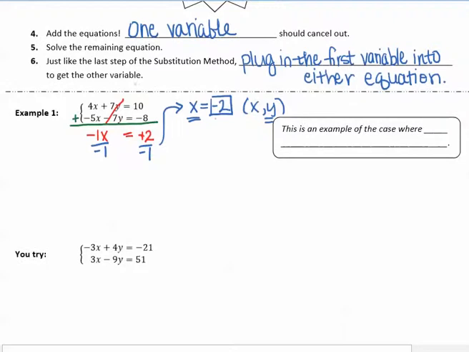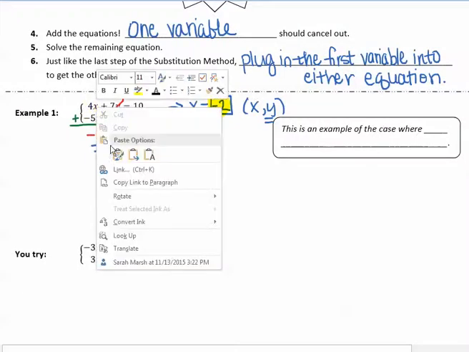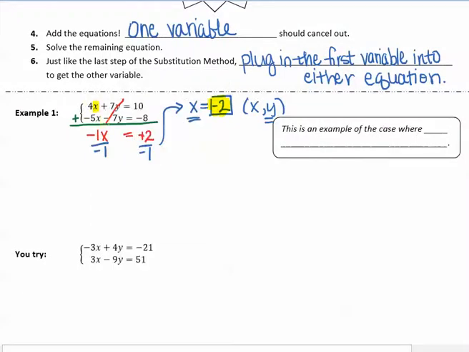So let's do that. Okay, so we know that x is -2. So what I'm going to do is, where I see an x, I could do it here, or I could do it here. I need to plug in that -2 into either one of those equations and solve for the other variable. So I'm going to choose this top equation because there's less negatives.